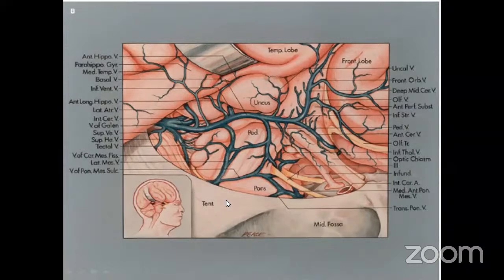This is the tentorium that extends along the side of the brain stem. The basal vein passes around the brain stem. This is the basal vein, and it continues, it joins with the internal cerebral vein, and it forms the vein of Galen.